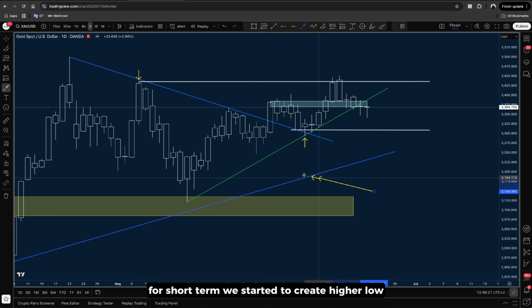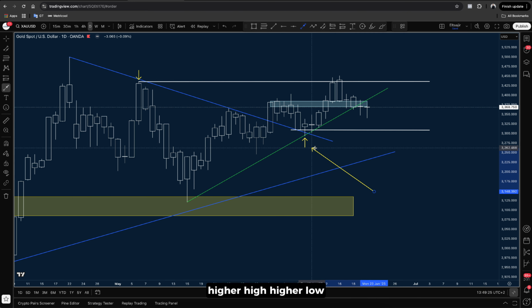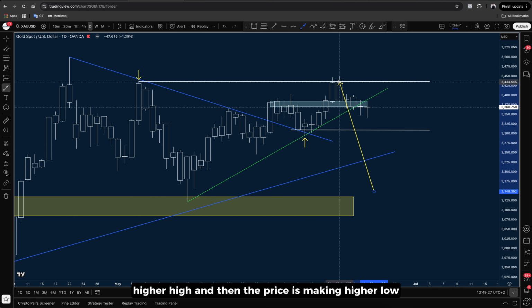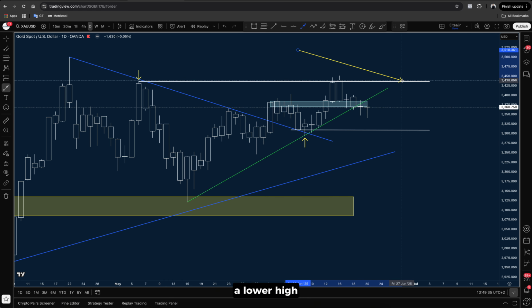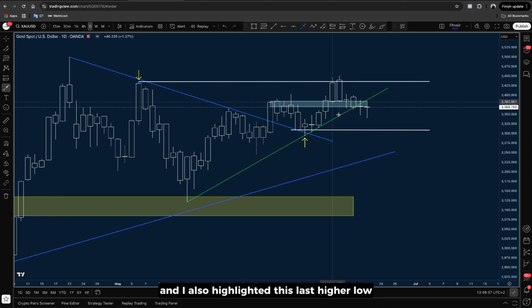That was for medium term. For short term, we started to create higher low, higher high, higher low, higher high, higher low, higher high. And then the price is making a higher low. That's why I highlighted this last lower high, and I also highlighted this last higher low. And yes, we can call this a higher low because the price made a higher high after this one.